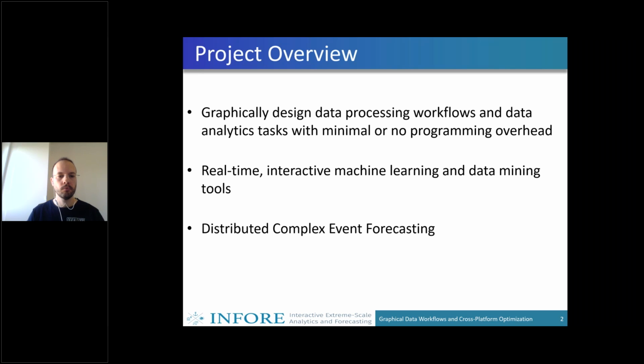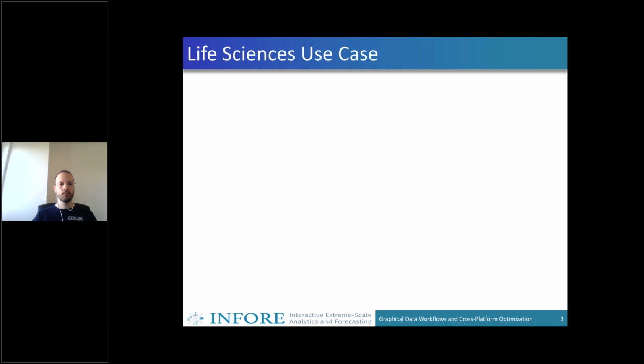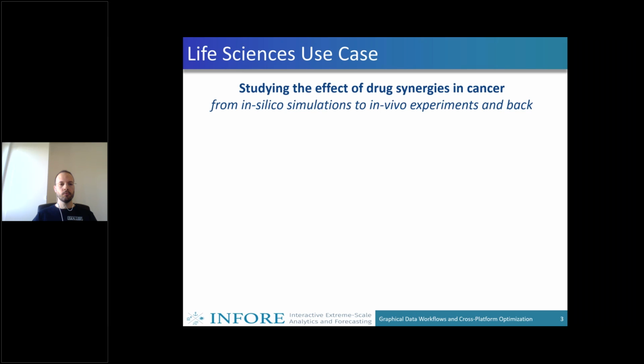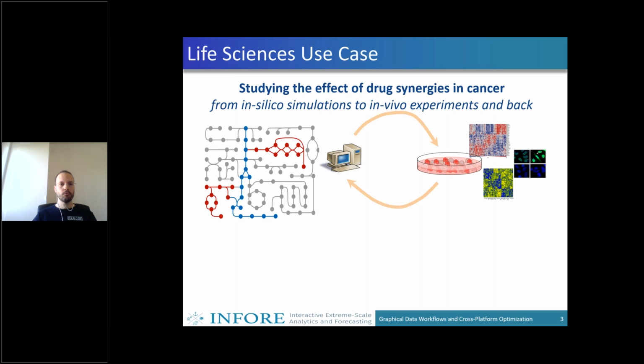And we're not doing this only for our own, but we work closely with three very interesting use cases, which I will quickly present because it's not the main agenda of this talk. The first use case is about life science. Here we are working on studying the effects of drugs and drug synergies in cancer, and we're doing this in silico simulation.